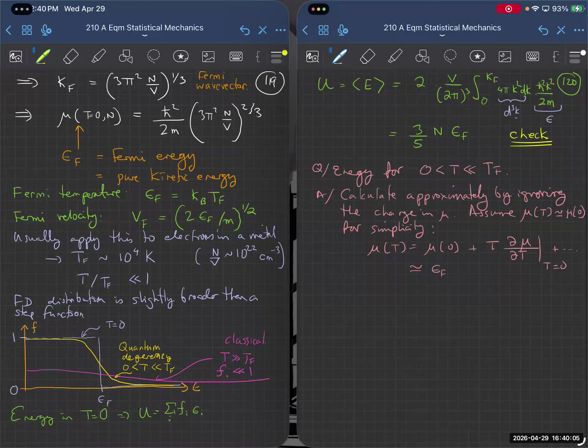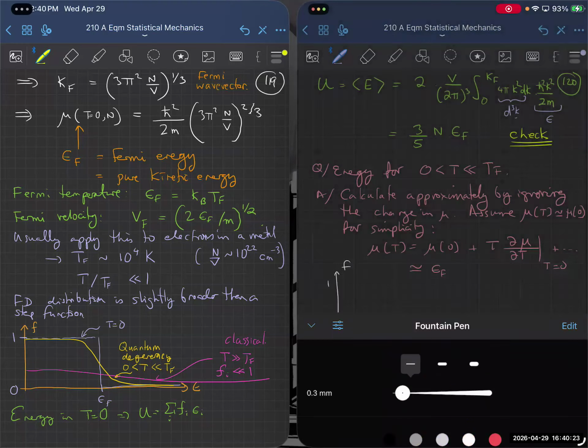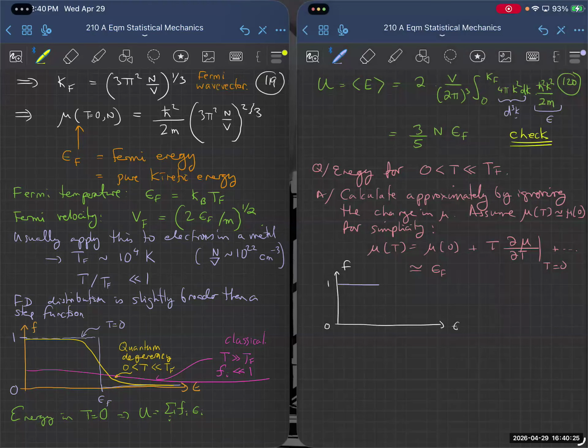Okay, so why is this a good approximation? Well, because if I look at the shape of this curve, here is f, here is epsilon, here is 1 and 0. So here is what I have at 0 temperature. That's my 0 temperature curve.